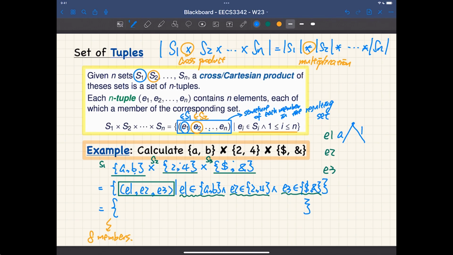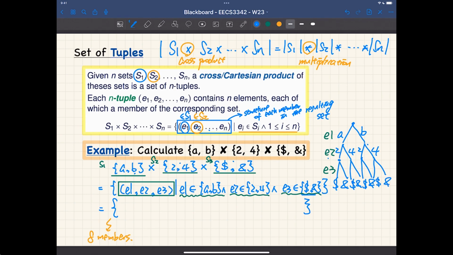A or B. And for each one of them, I'm going to consider what could be E2, 2 or 4. So here, 2 or 4. 2 or 4. I'm pretty sure you know what I'm doing here. And then from here, what could be E3? You got to consider for every one of them over here, each one of them will be either dollar or $n%, dollar or $n%, dollar or $n%, dollar or $n%.